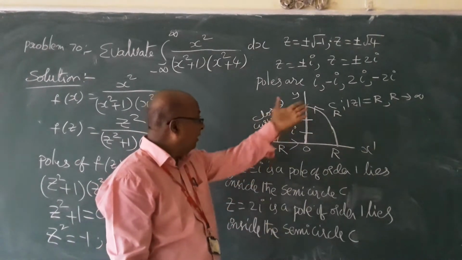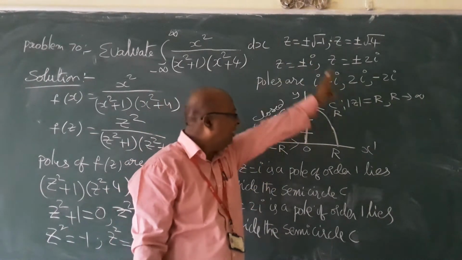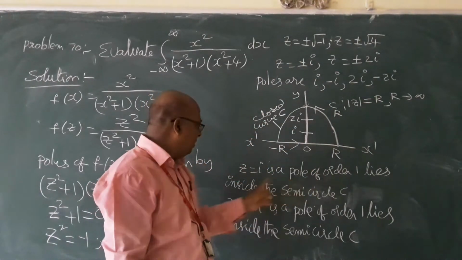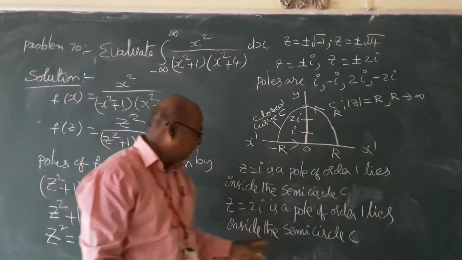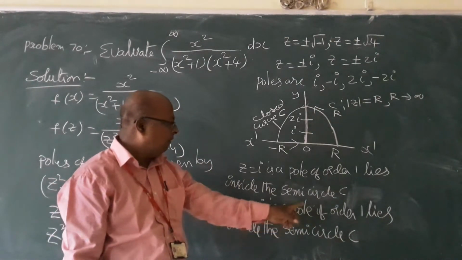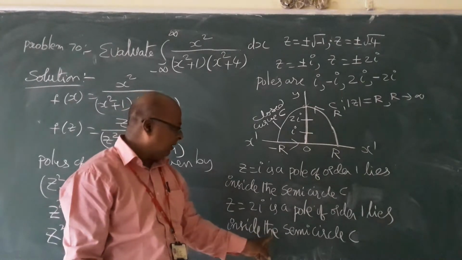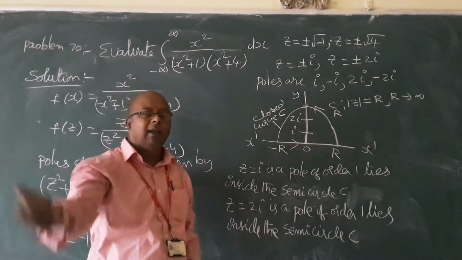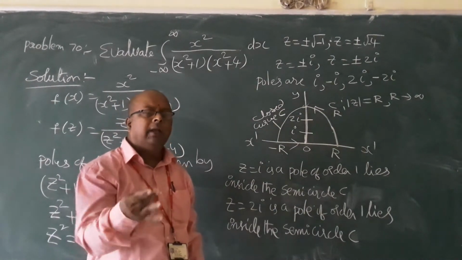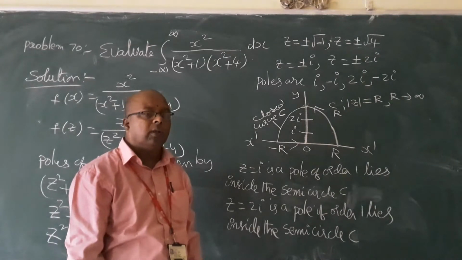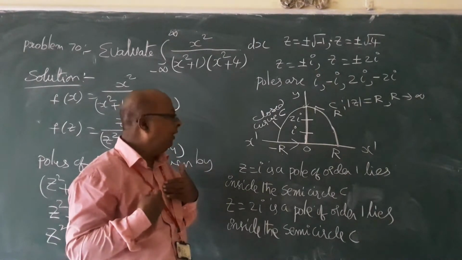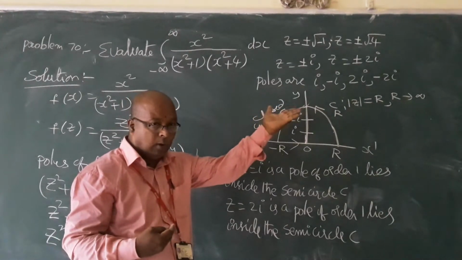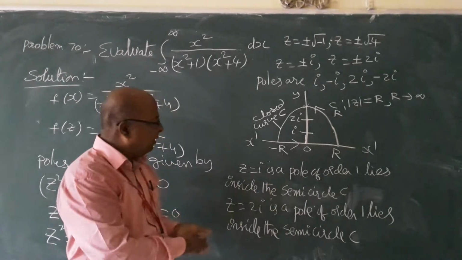Here r is a very big circle. That is why the poles i and 2i lie inside the semicircle C. Minus i and minus 2i lie outside the semicircle. We need not find residues at those poles. We have to find residues at pole i and at pole 2i. Please note down.